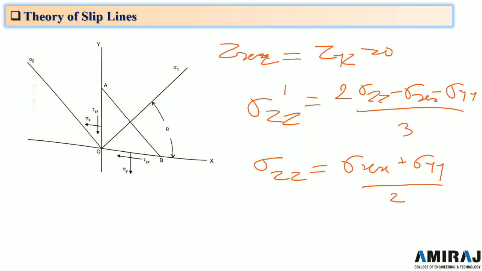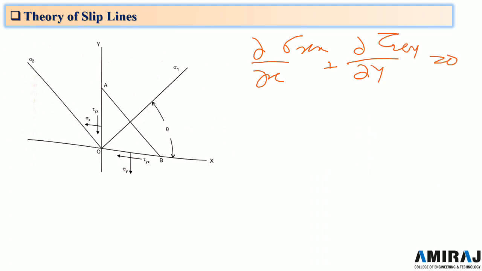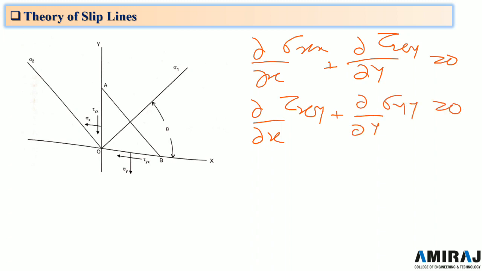With these conditions of equilibrium, the equations can be reduced to del by del x of sigma xx plus del by del y of tau xy equal to 0. And another equation is del by del x of tau xy plus del by del y of sigma yy is equal to 0.